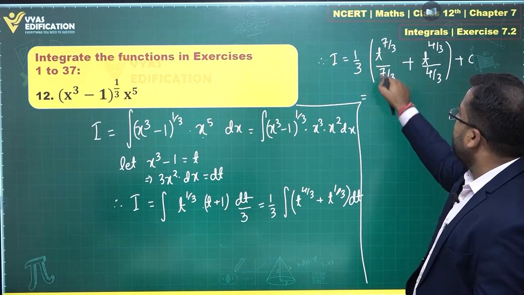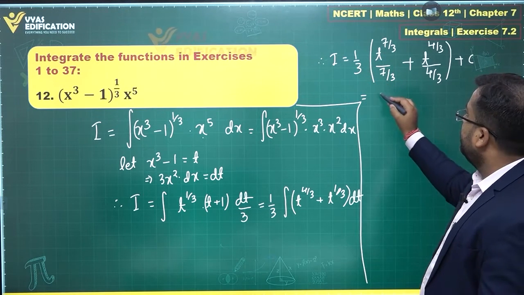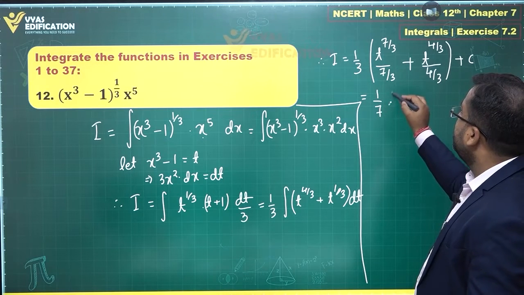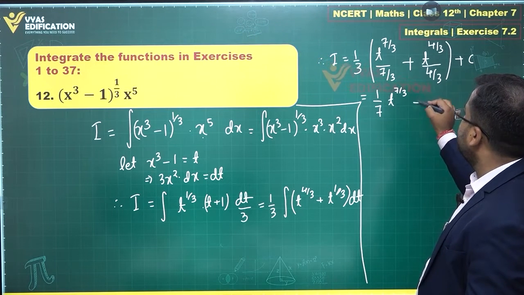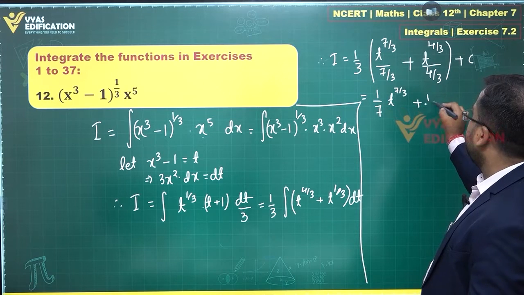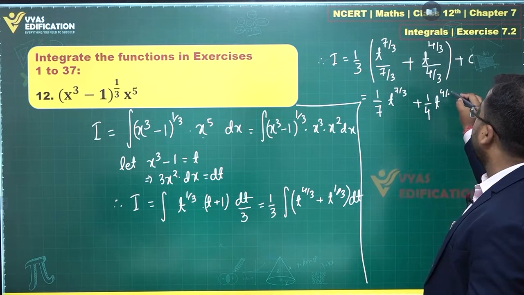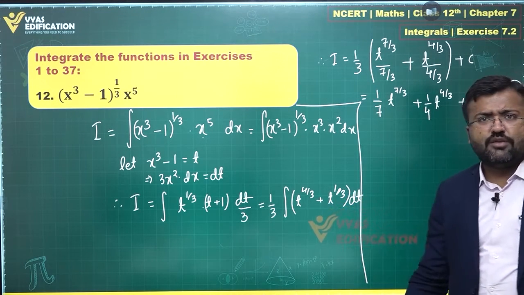What will this be? This is 3 by 7 into 1 by 3, which is 1 by 7 t power 7 by 3, plus 3 by 4 into 1 by 3, which is 1 by 4 t power 4 by 3, plus c. This is what I observe.